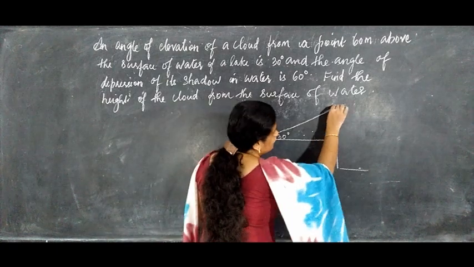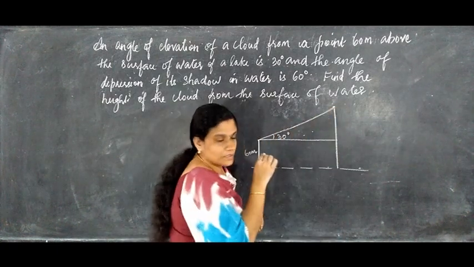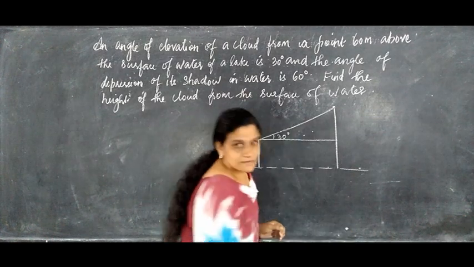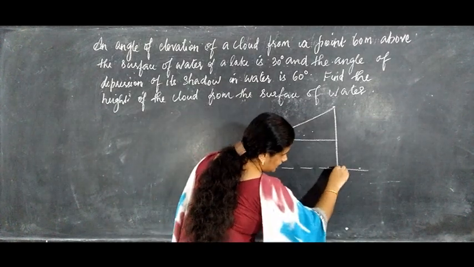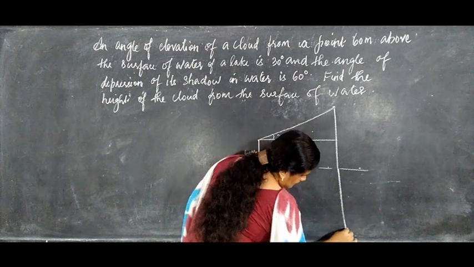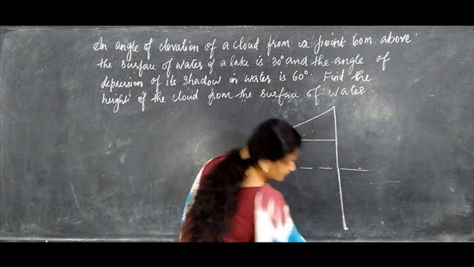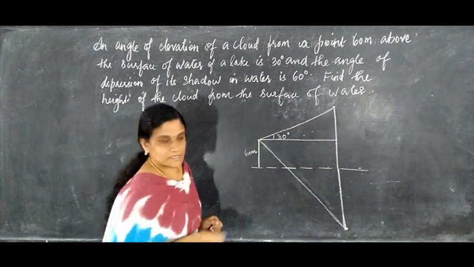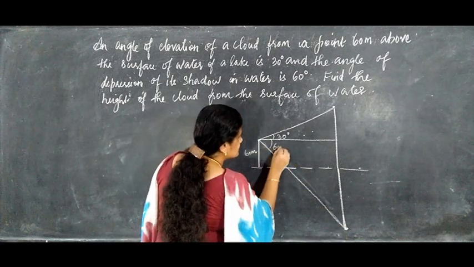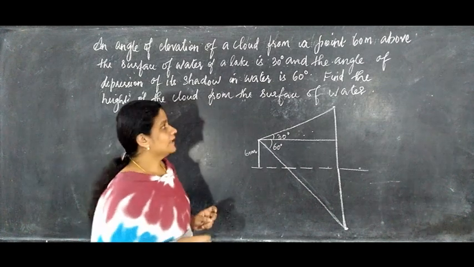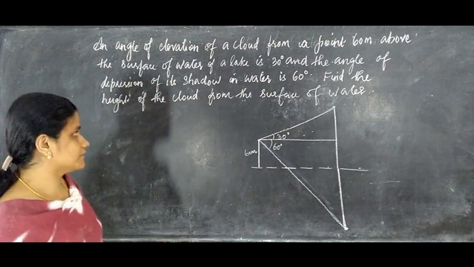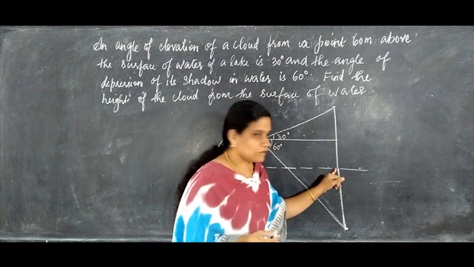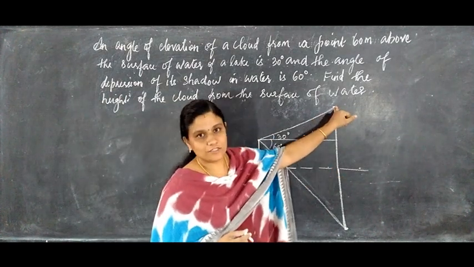If here is the cloud, we know that the shadow will be at the same distance below. So let the shadow be here. The angle of depression to this is 60 degree. The question is, find the height of the cloud from the surface of water.